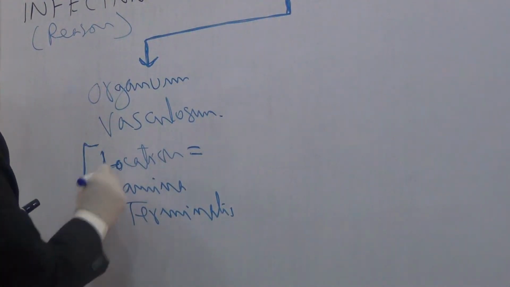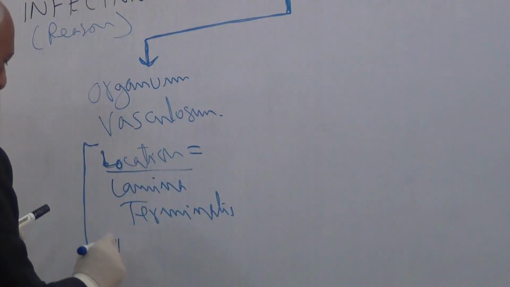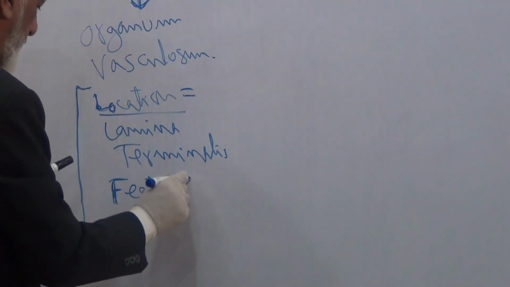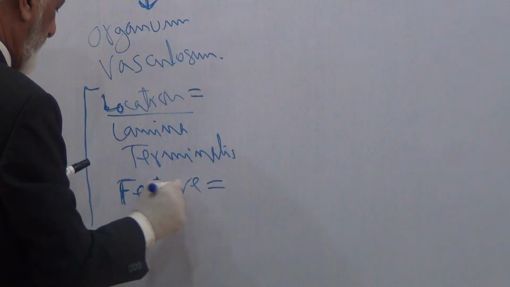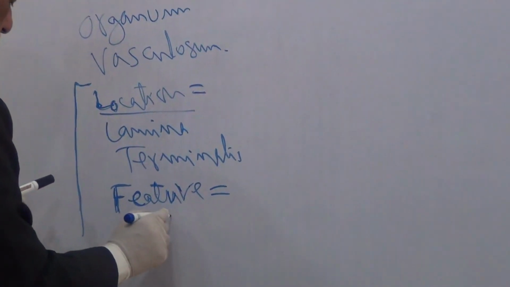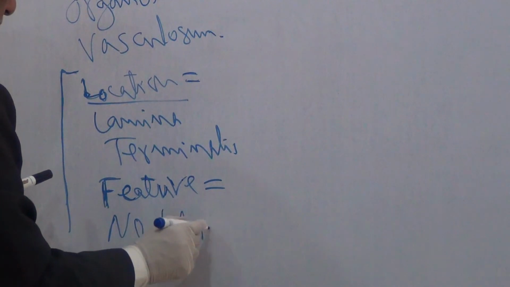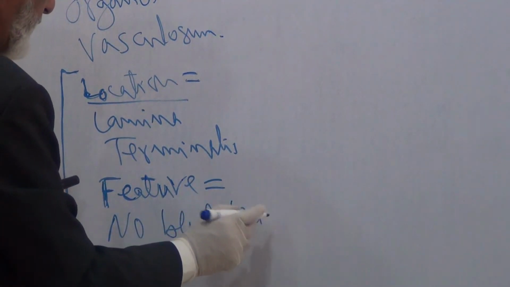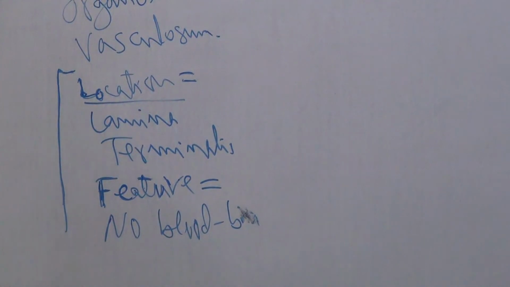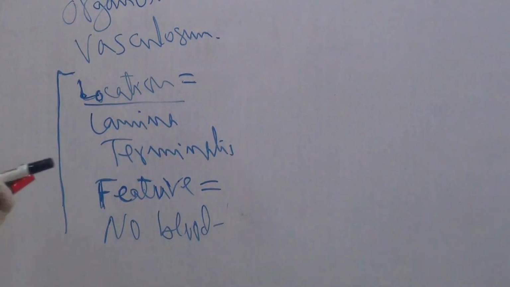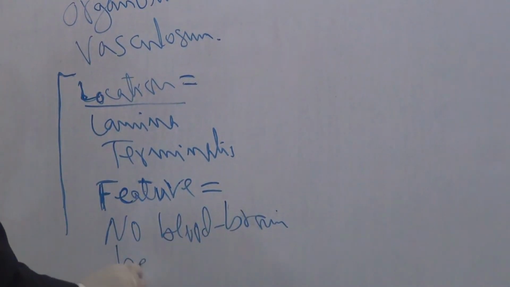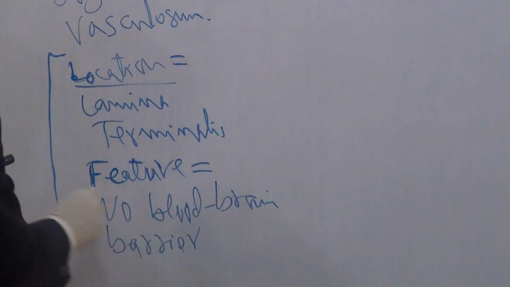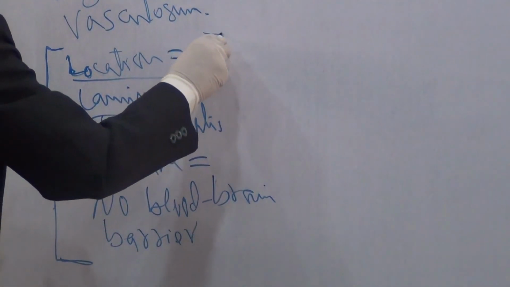And second, what is the special feature of organum vasculosum? That is, no blood-brain barrier. This is the special feature of this organum vasculosum.